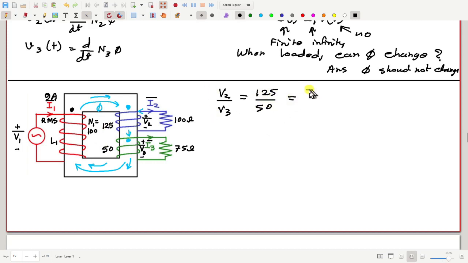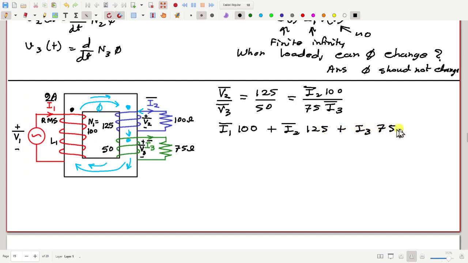But V2 is also equal to I2 times 100 ohm, and these are phasors, and V3 is 75 times I3. I2 and I3 are unknowns, so this equation has two unknowns. And then I1 times 100 plus I2 times N2, which is 125, plus I3 times 75, this should be equal to 0.